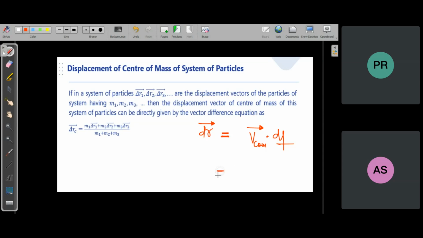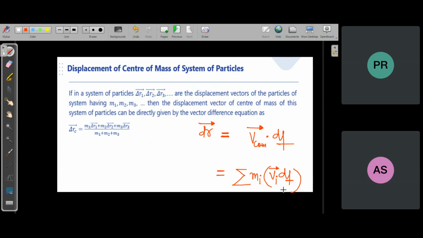And then if you write the formula, it will become the summation of mi into vi dt. And now here you can see, and don't forget this vector sign, this vi dt is nothing but the individual displacements.